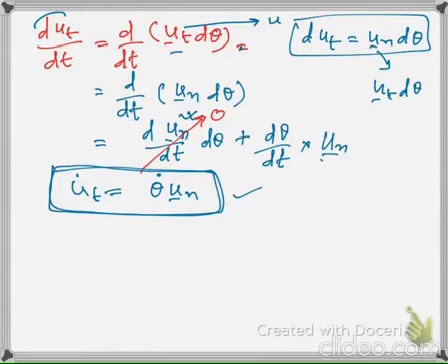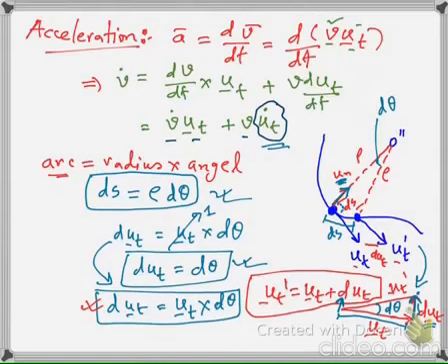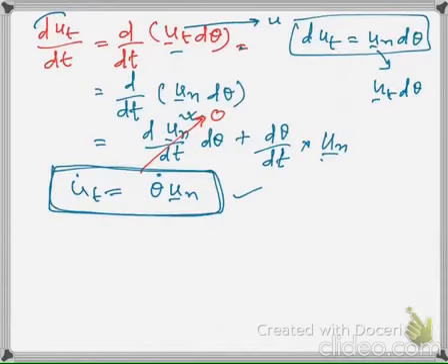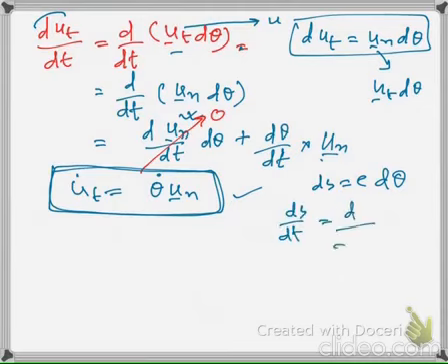In the previous slide we also derived that ds equals rho d theta. We are going to use that equation now. If we take the derivative of this with respect to time, we again apply the chain rule. So ds dt equals d dt of rho d theta. Since rho is constant, one part will be 0.